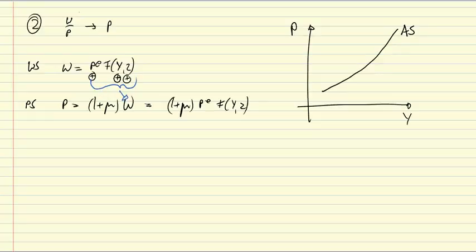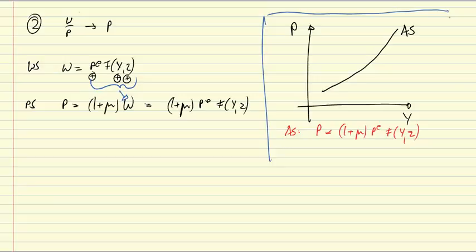Recognize what we've done. Let me just write out the equation right below here: P equals 1 plus mu times PE F of Y and Z. So that is our AS curve. This is crucial for going forward.